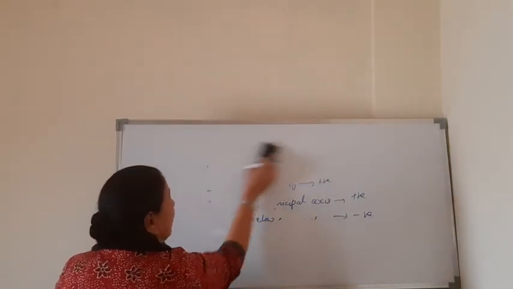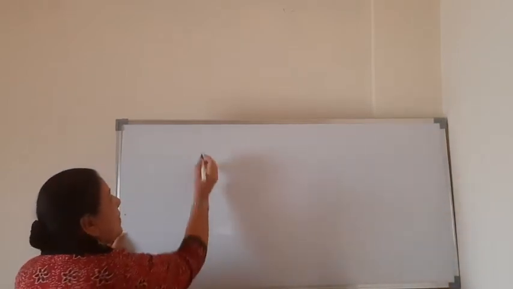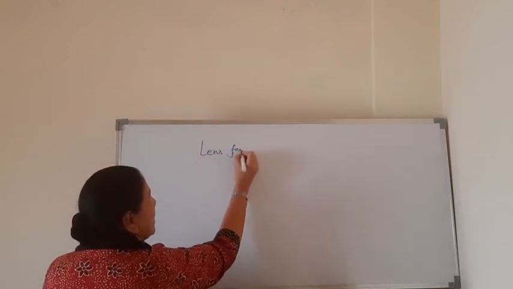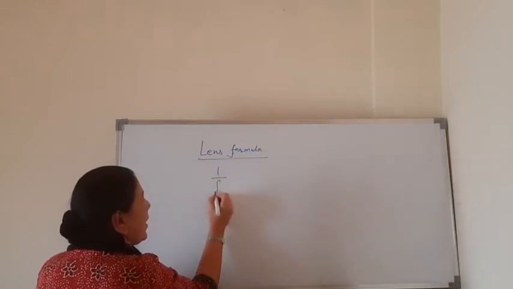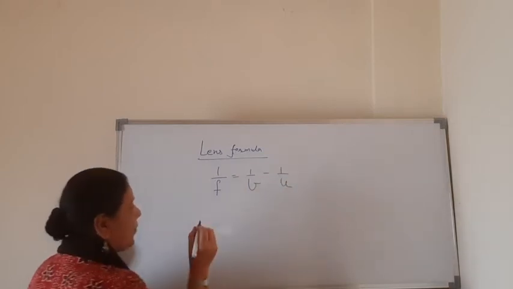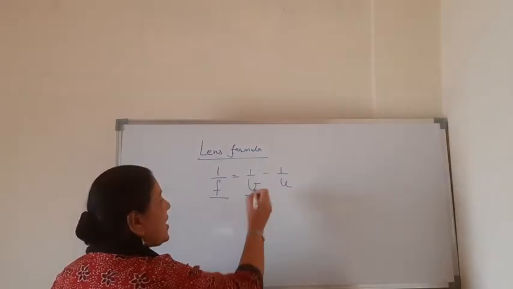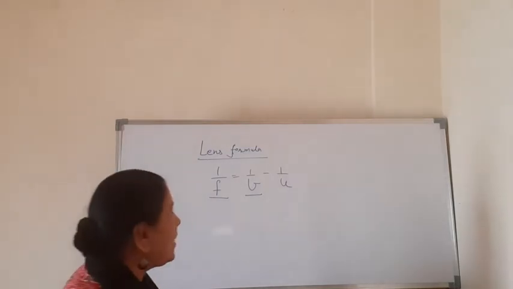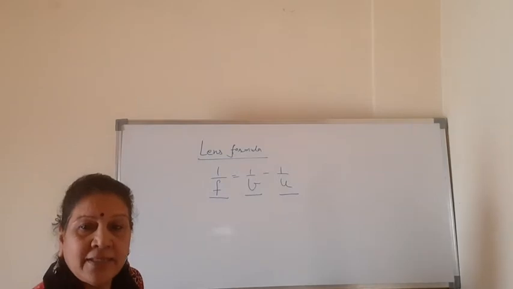Now, what is this lens formula? Remember we have discussed the mirror formula. Now we have the lens formula, and what does it say? It is 1 upon f is equal to 1 upon v minus 1 upon u, where f is the focal length, v is the distance between the image and the lens, and u is the distance between the object and the lens.